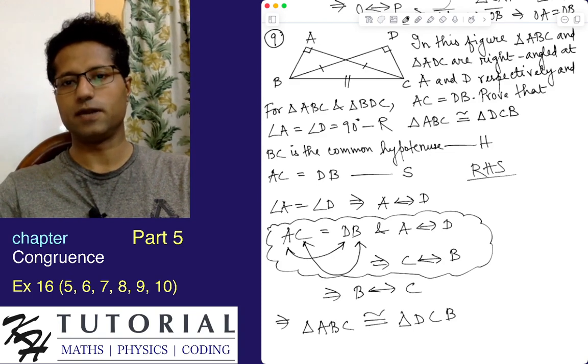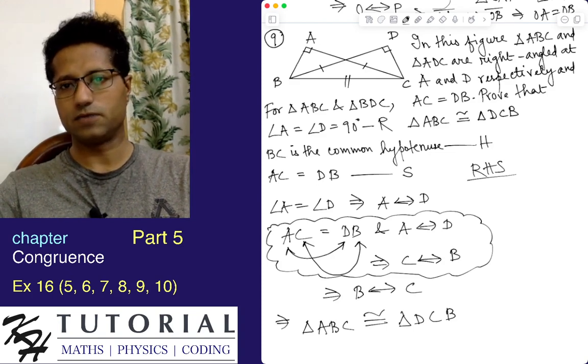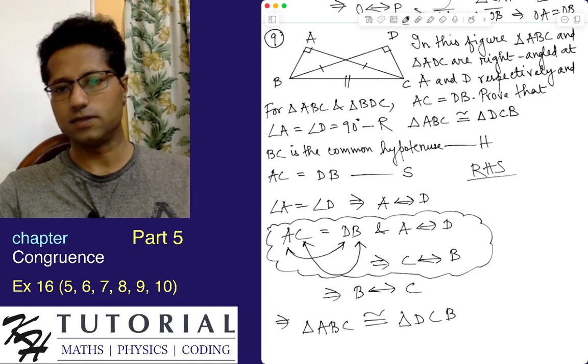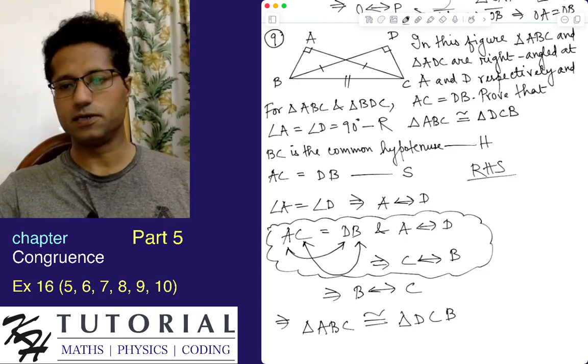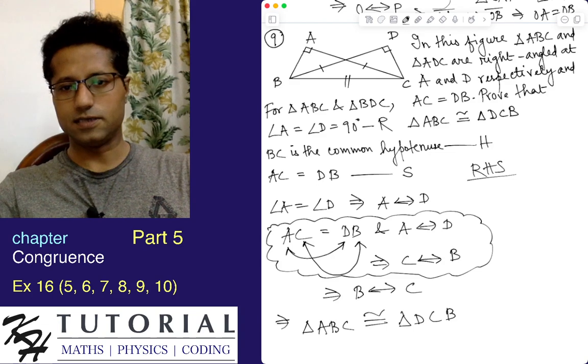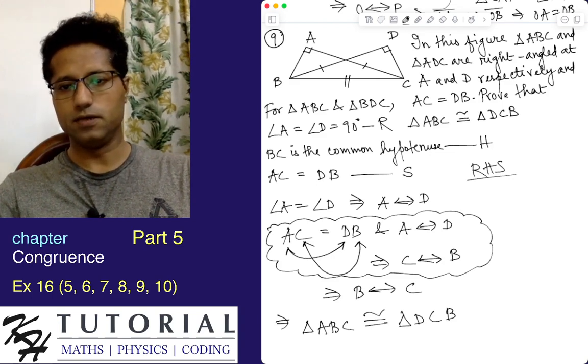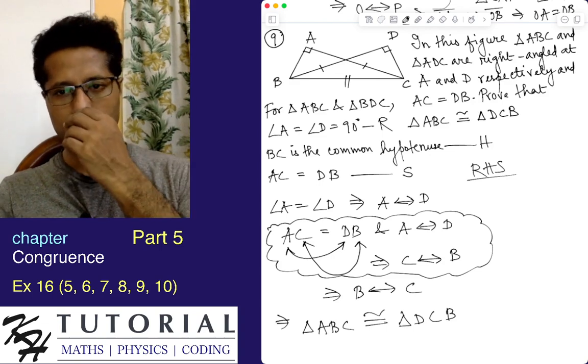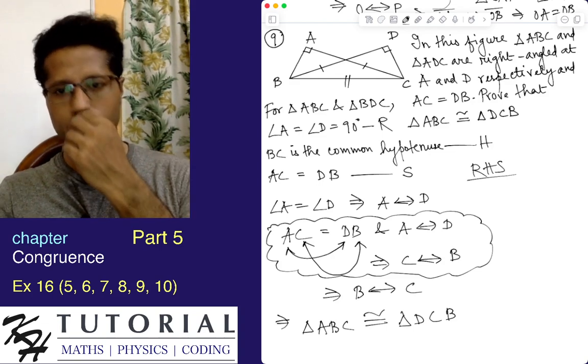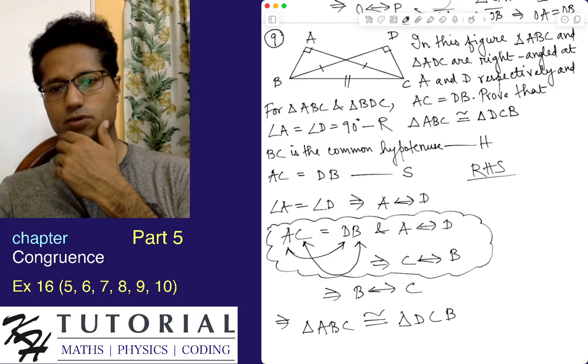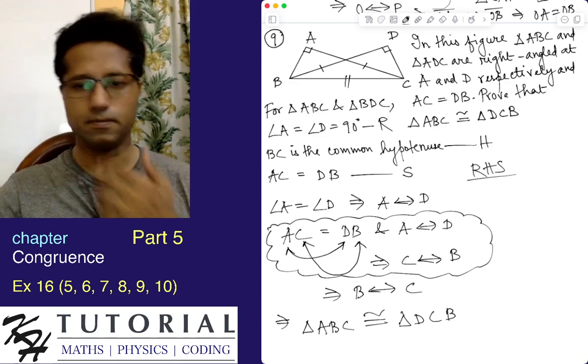AC is a side from triangle ABC and DB is a side from triangle BDC, and also I know that the vertex A is mapped to vertex D. So in AC equals DB, since A is mapped to D, the remaining vertices will be mapped to each other, that is C will be mapped to B.